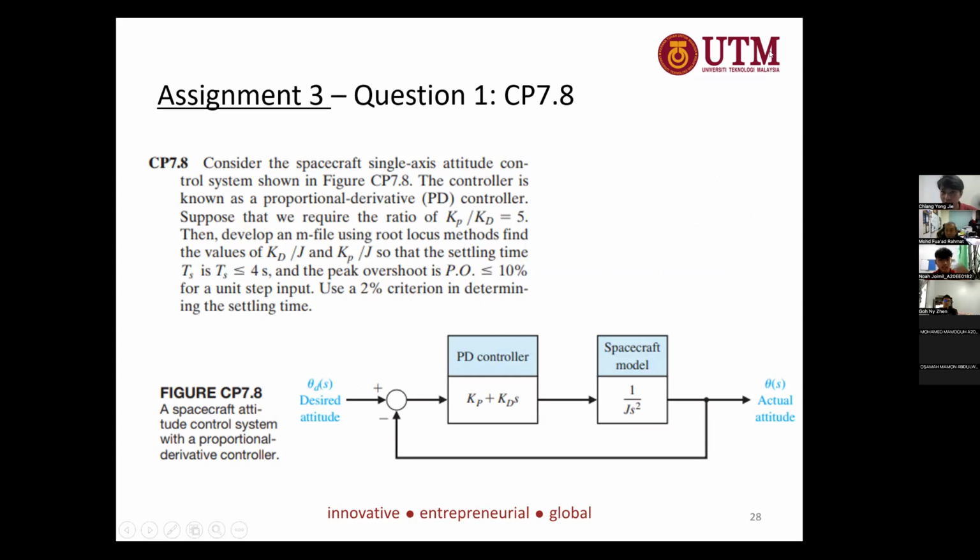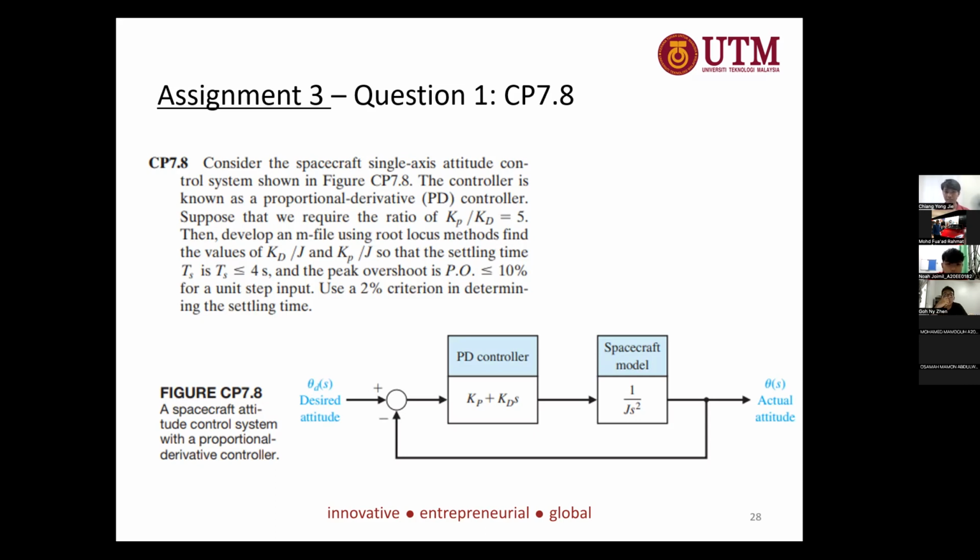Yeah, my turn. Okay, so basically I did question CP 7.8. Consider the spacecraft single axis attitude control system shown in figure CP 7.8. The controller is known as a PD controller. Suppose that we require a ratio of KP over KD equal to 5.